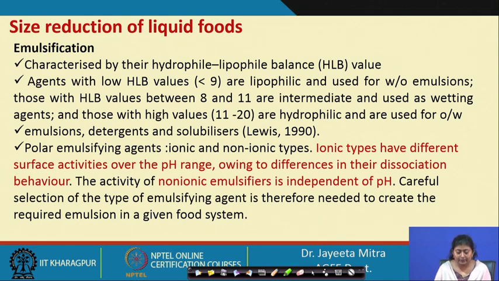When HLB ranges from 8 to 11, it is intermediate, that means these emulsifying agents are used for increasing the wettability, and when HLB value is increasing from 11 to 20, then the hydrophilic nature is increasing and oil in water emulsion will be there.